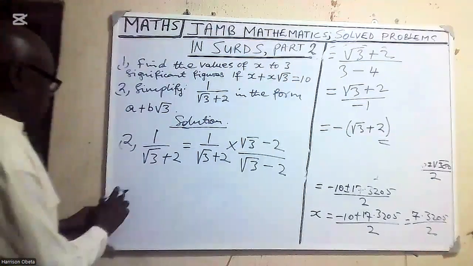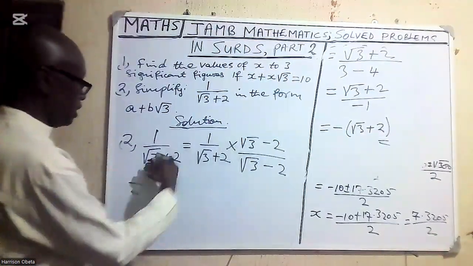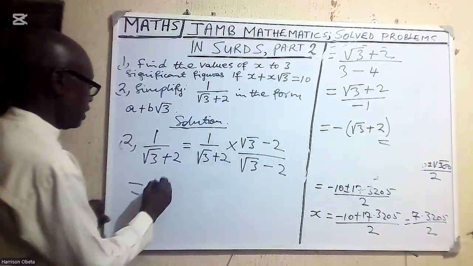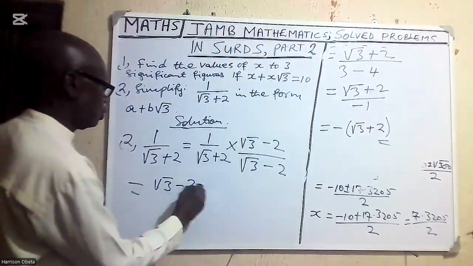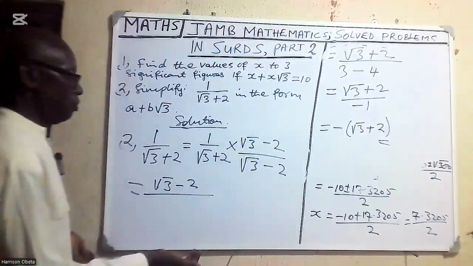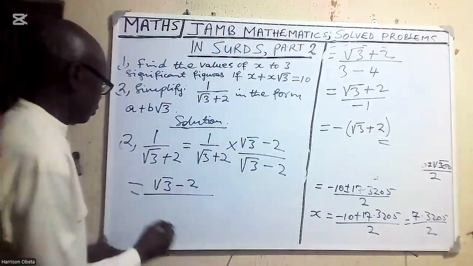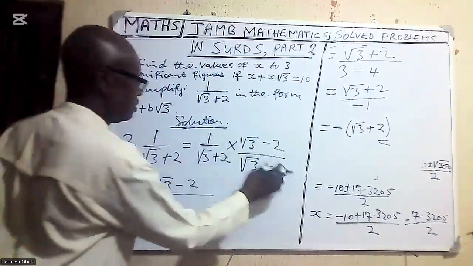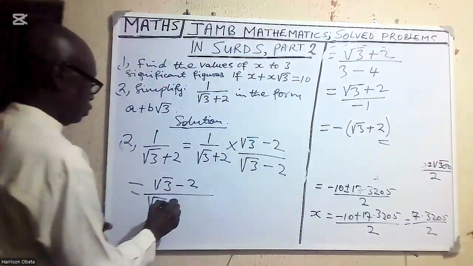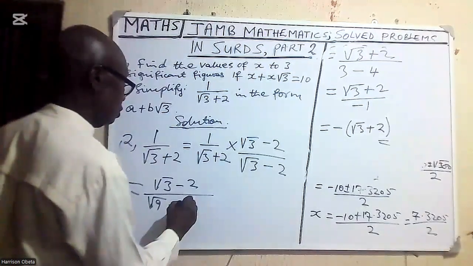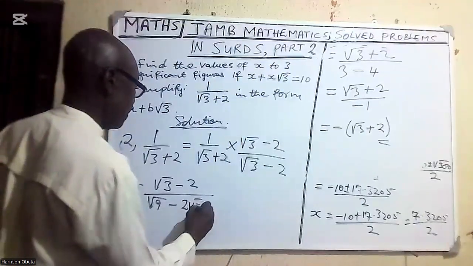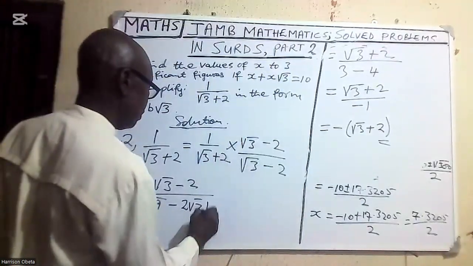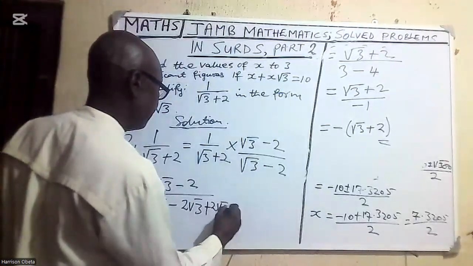And then to continue, bringing it here, we have root 3 minus 2 all over, you multiply out. Root 3 times root 3 is root 9. Root 3 times minus 2 is minus 2 root 3. This time this is plus 2 root 3.